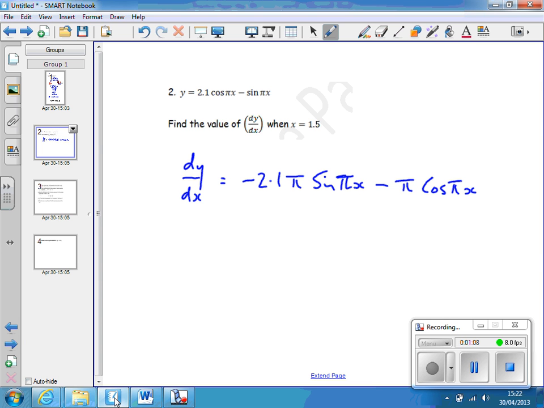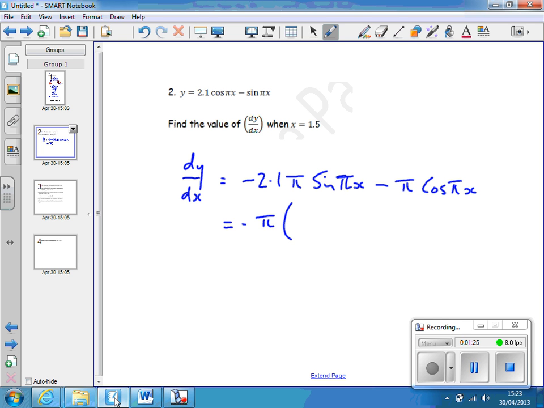It might be worth just looking at it and actually seeing that we could take minus pi outside a bracket. It's not essential to do this, but the more you can demonstrate that you can use algebra and all the rest of it, the more I'll be looking to give you marks.